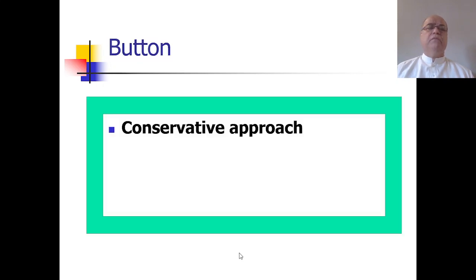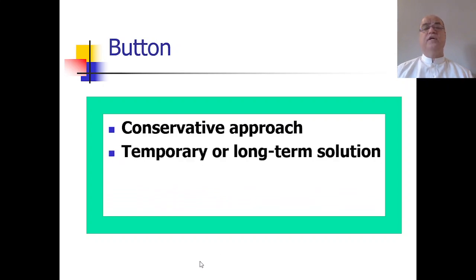Then there is the conservative approach, the nasal septal prosthesis, which is called a Silastic button. That is the most conservative approach. It may serve as a temporary or long-term solution, especially in those patients who refuse surgery or may have a comorbid condition, for example malignancy, that precludes them from undergoing surgical treatment.